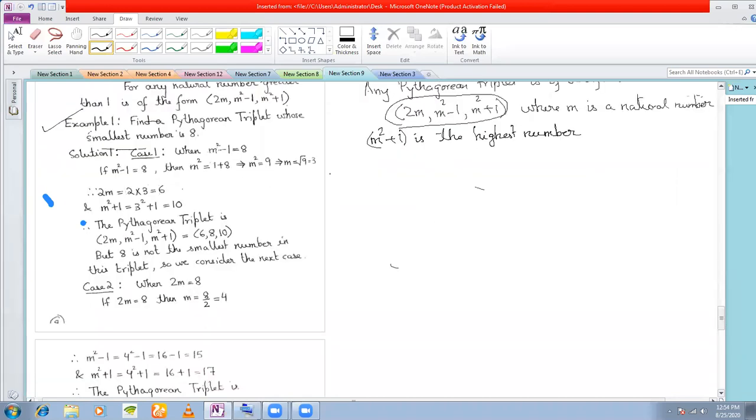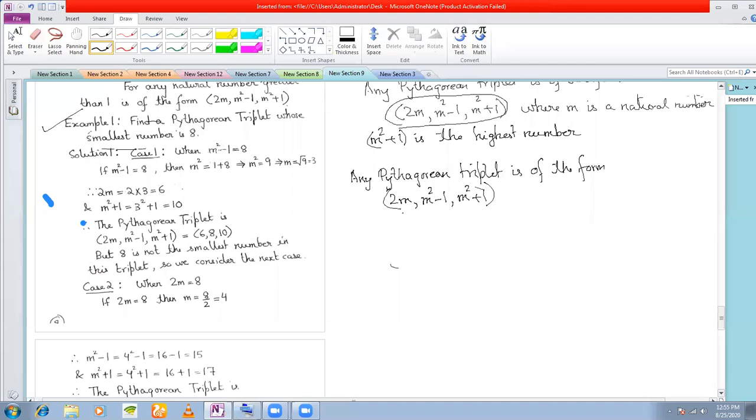Okay, let's see. Now, we start by saying any Pythagorean triplet is of the form 2m, m square minus 1 and m square plus 1.